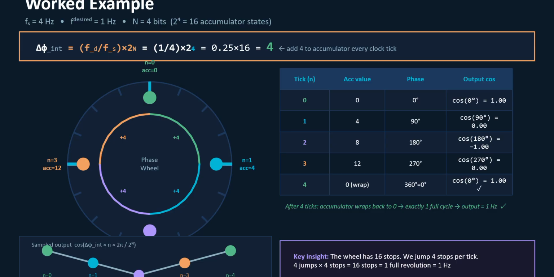So the phase wheel is divided by 4, and every time we increment by 4, and we keep wrapping around. Again, it's a good, very simple example, and it can give you a feel for how the DDS actually works and how it accumulates and generates the corresponding amplitude for each phase increment.